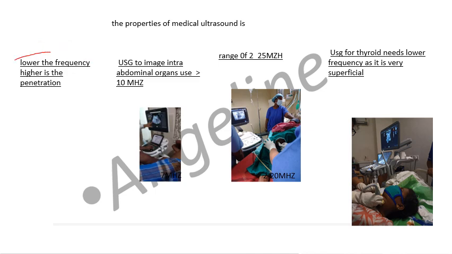For an abdomen, we will use lesser frequency, and for a thyroid, we will use higher frequency. That much you should know. These two questions will answer this principle, and you must know the range.